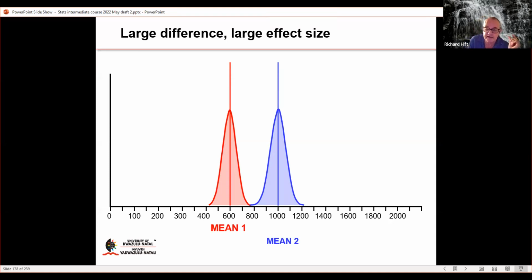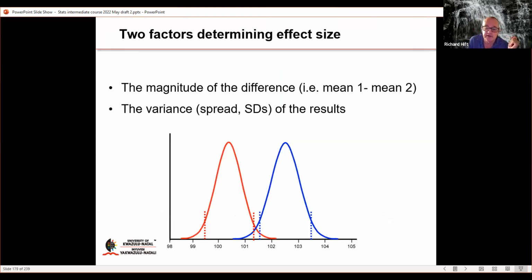You have to take account of the standard deviation as well. So 2 factors determine effect size: the magnitude of the difference, which is mean 2 minus mean 1, but also the spread of each sample, which is known as the variance, or its square root, known as the standard deviation.